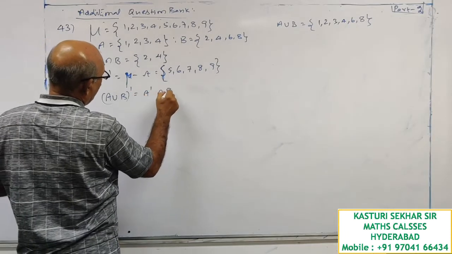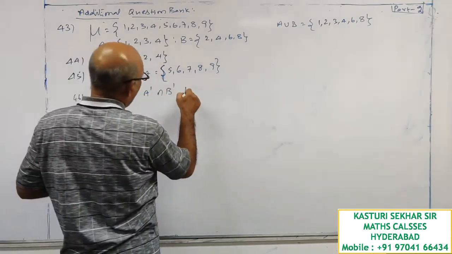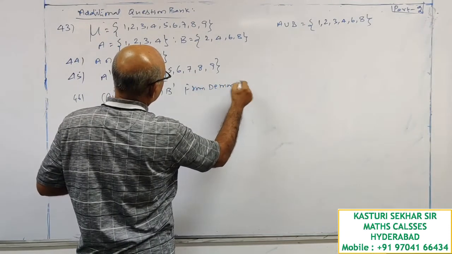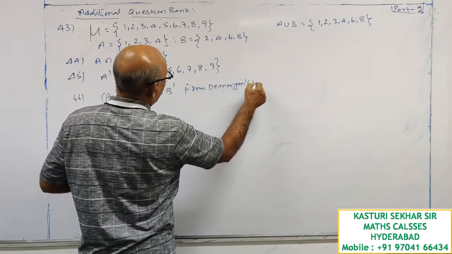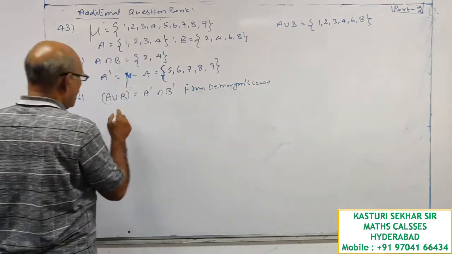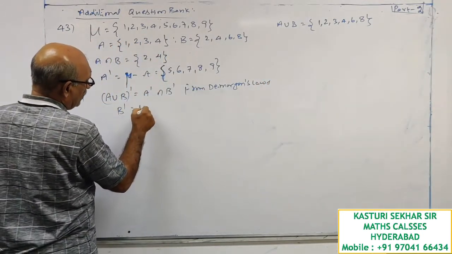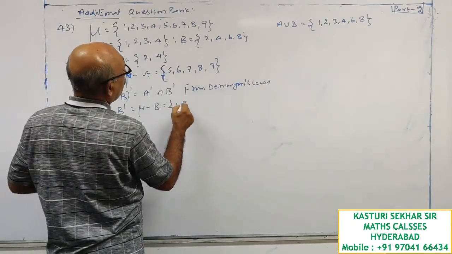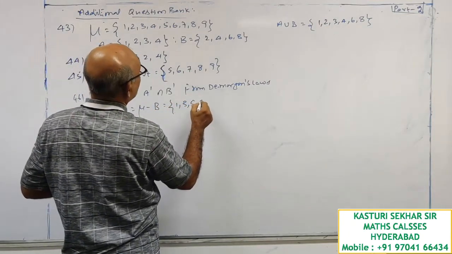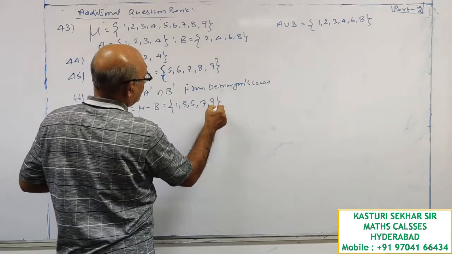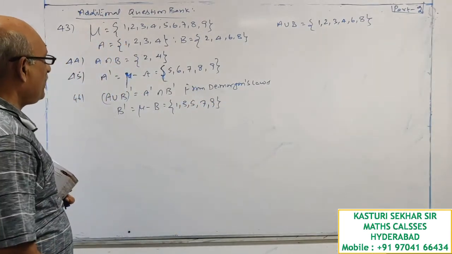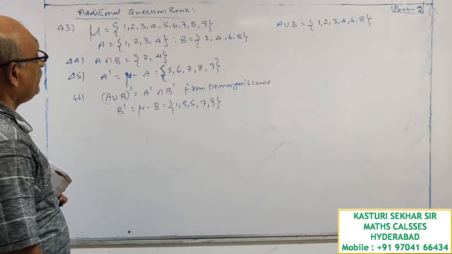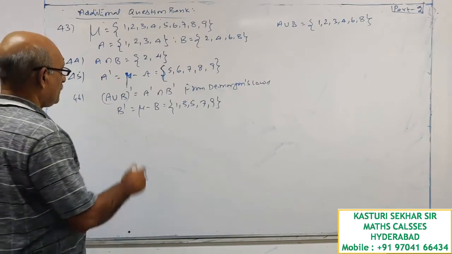It is A complement intersection B complement, from De Morgan's laws. So first I want B complement, which is mu minus B. So B complement is equal to 1, 3, 5, 7, 9.